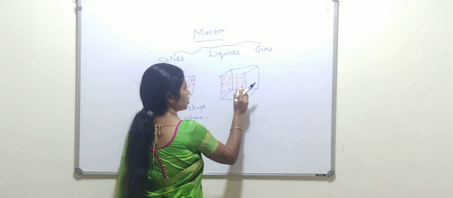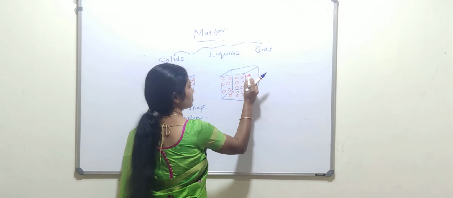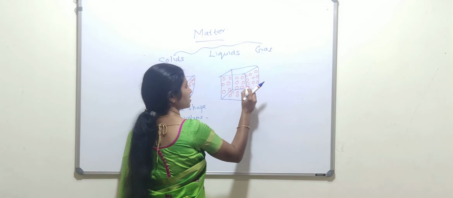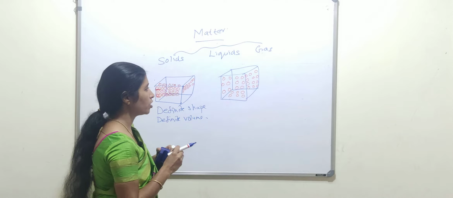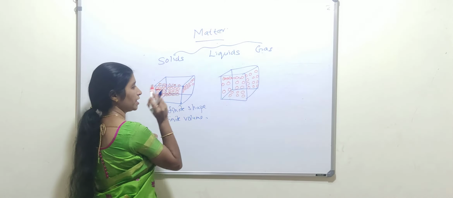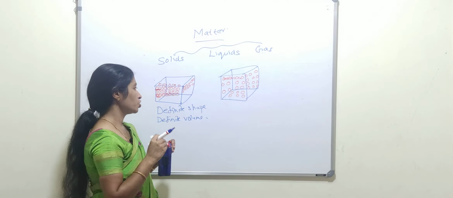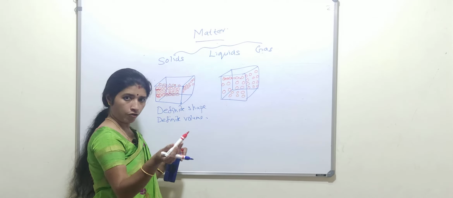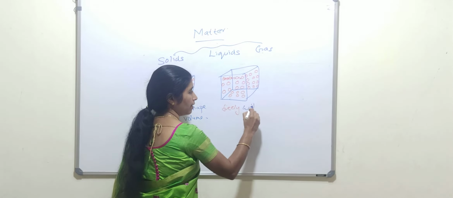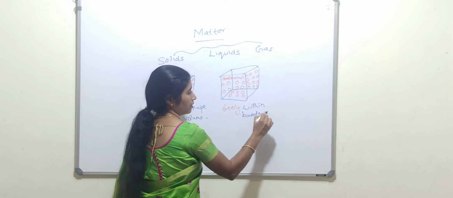Compared to solids, as you can see, there is a little bit more space between the molecules, so they can move freely. They can move freely within the boundary of the vessel, which is containing them.